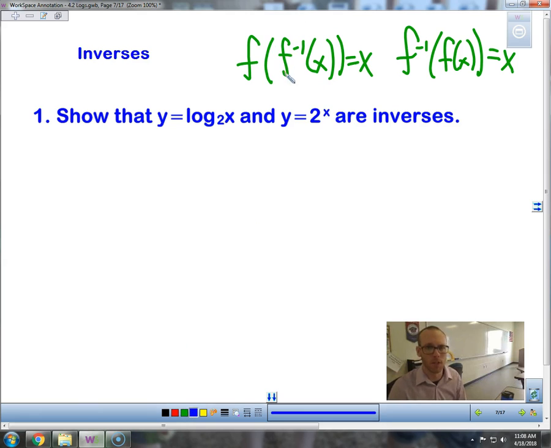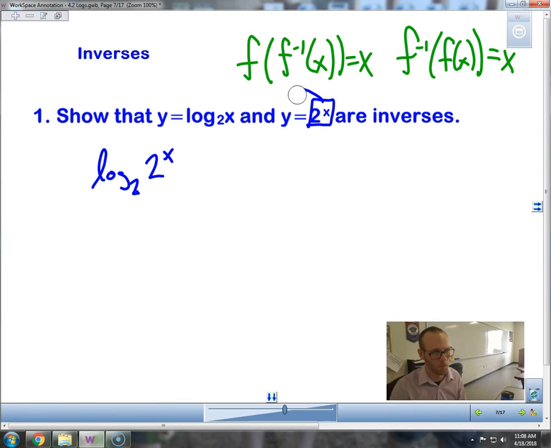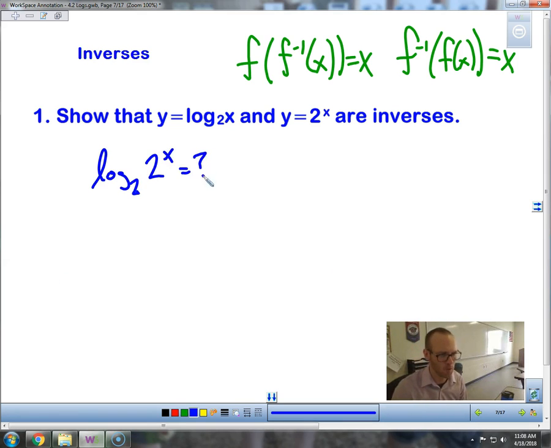Let's look at a composition of the two of them. What happens when I put 2 to the x in here? I have the log base 2 of 2 to the x. Now, how do we evaluate logarithms again? Well, let me remind you.